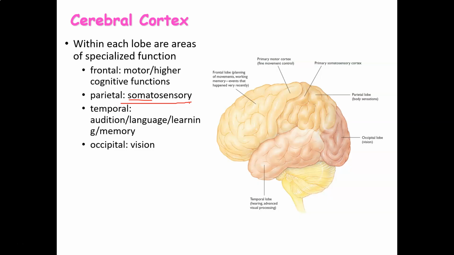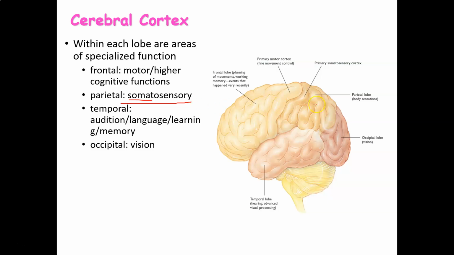In addition, the parietal lobe handles proprioception, which refers to body position. If you close your eyes and move any body part, you know roughly where that body part is relative to you, and that's proprioception, and that's the action of the parietal lobe.